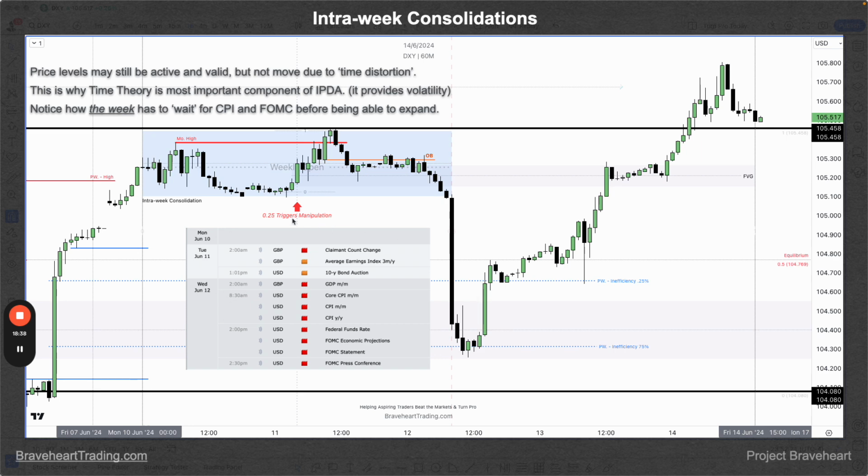And we just had consolidation, even though the price levels were valid, which was Monday's high and then the order block here. But just notice how it's lethargic and then a random move at the 25% of the week, by the way. And then displacement, then another time distortion, then moves, then single candle, bam.